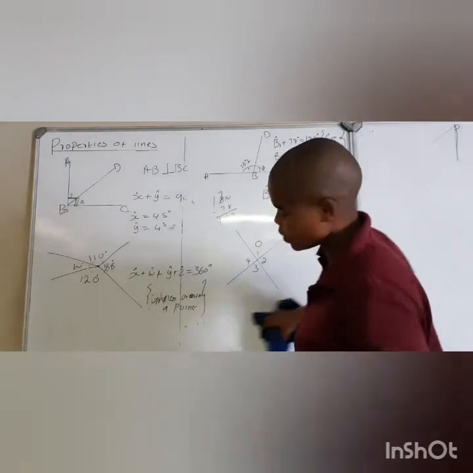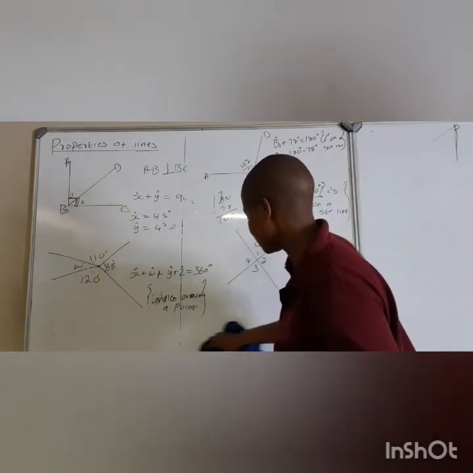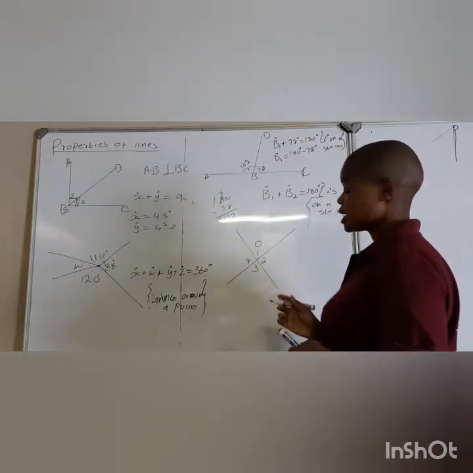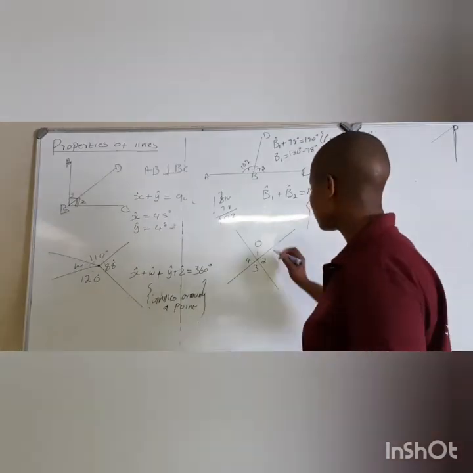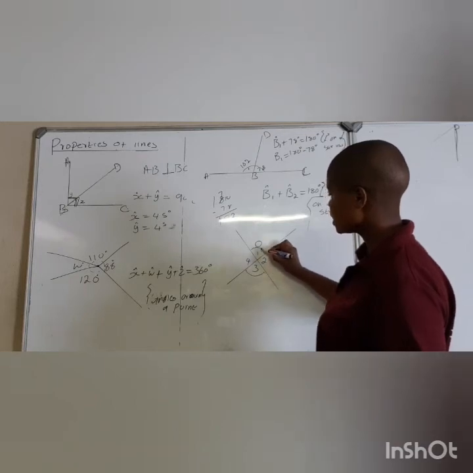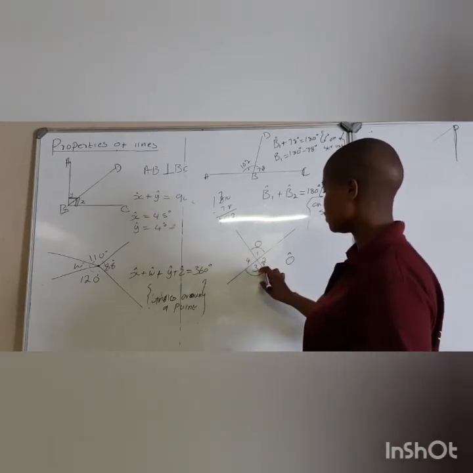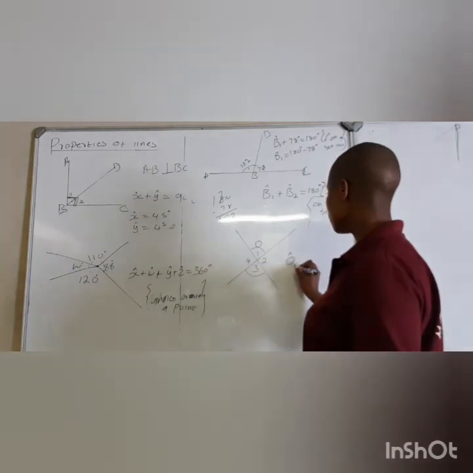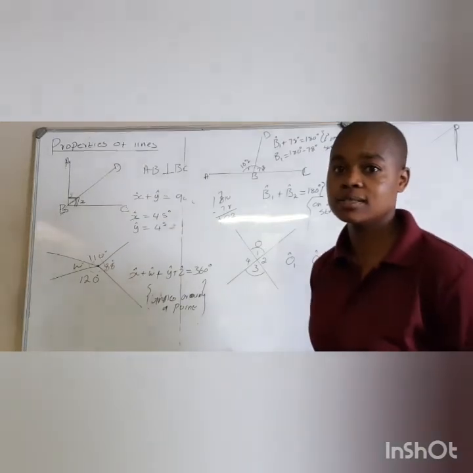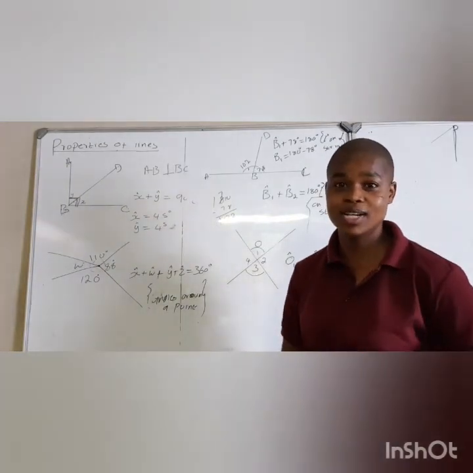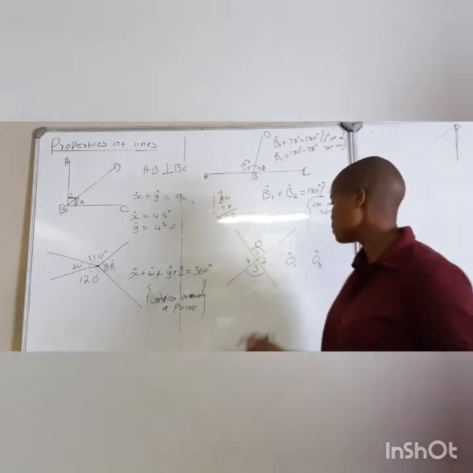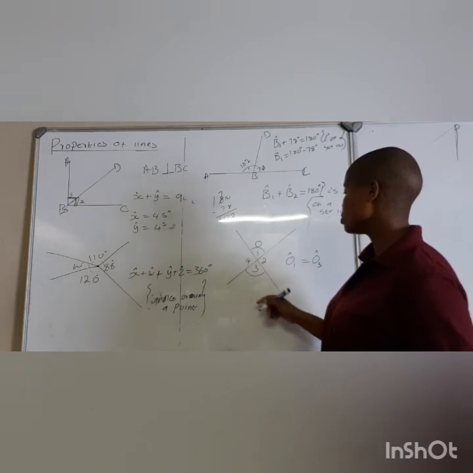We have the last one, vertically opposite angles. When we talk about vertically opposite angles, we talk about angles that are opposite each other. Angle O1 is vertically opposite to angle O3. But what do they say about vertically opposite angles? Are they adding to 180? Are they adding to 360? Here's the deal. They are equal. So vertically opposite angles are equal.